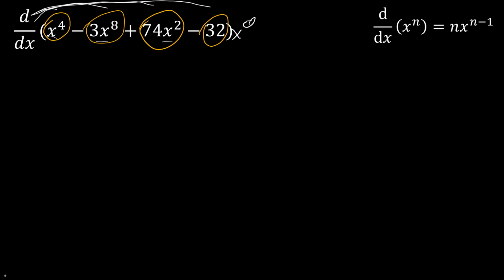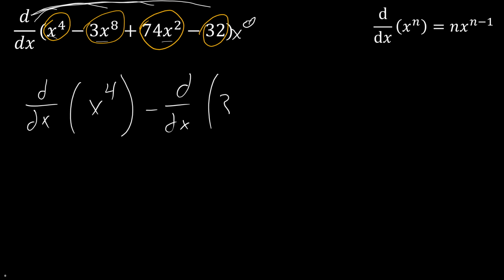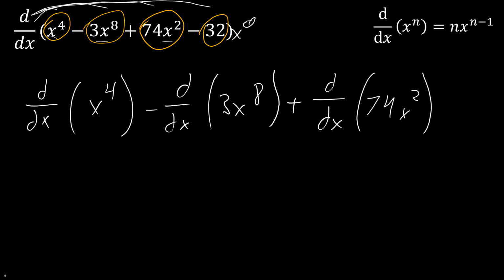So basically what we're doing here is we're going to take the derivative of each individual expression: d dx of x to the fourth, minus d dx of 3x to the eighth, plus d dx of 74x squared, minus d dx of 32. And of course, d dx just means we're taking the derivative.